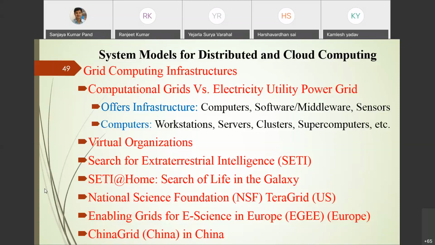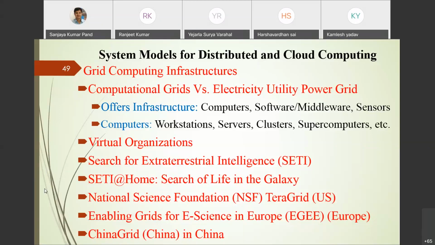And in a grid, whatever computers participate, they do not belong to a single organization. Billions of computer systems cannot be under a single organization. They will be under multiple organizations. If you go for multiple organizations, their security policies and their time zones are also different, right?